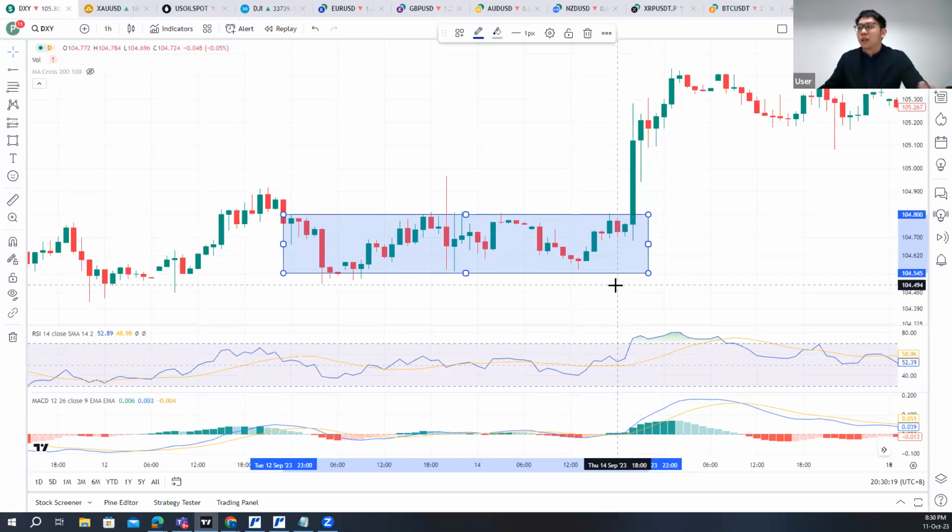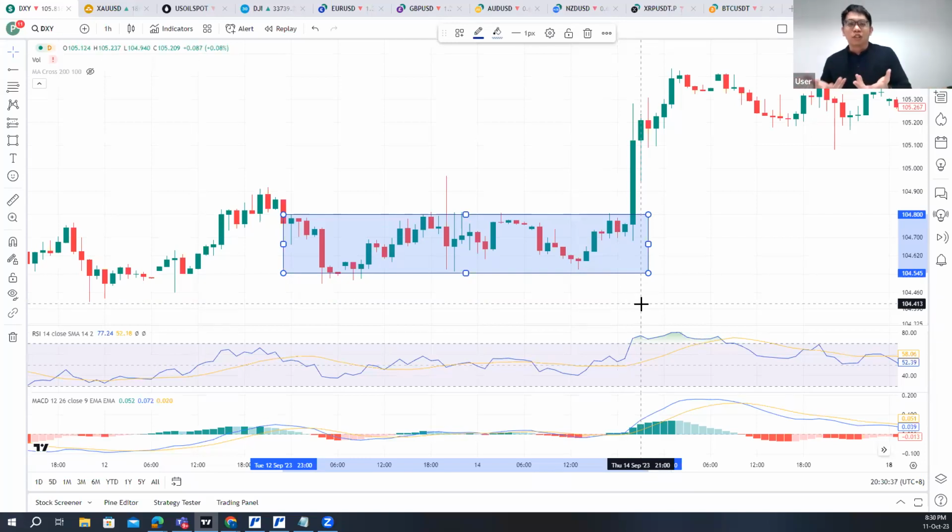Sometimes we can set it in two directions, we can catch a long and a short, but of course this is very dangerous to do. But if you are not familiar with the market and you really want to trade on news and try this breakout strategy, sometimes you can open two sides, above or below the price consolidation range.